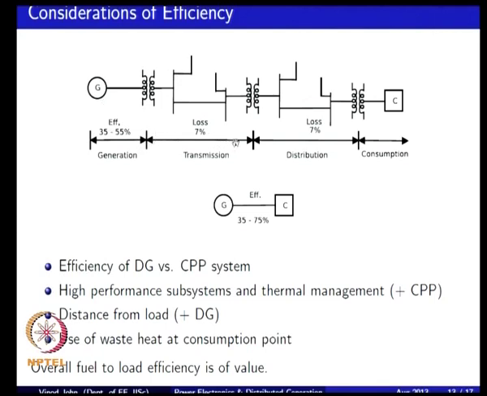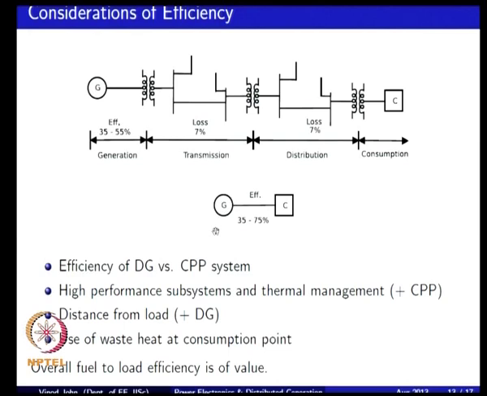You also have losses in transmission systems, losses in the distribution system, and then finally at the consumption point, you are talking about overall power from the fuel to the actual energy that is delivered. You are talking about something in the range of 20 to 40%. If you have a generator source which is sitting close to your point of consumption, and you are just providing the electrical energy output to your load, then you could have similar levels of efficiency.